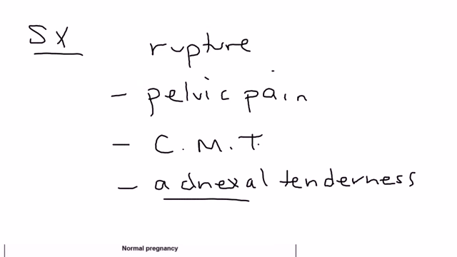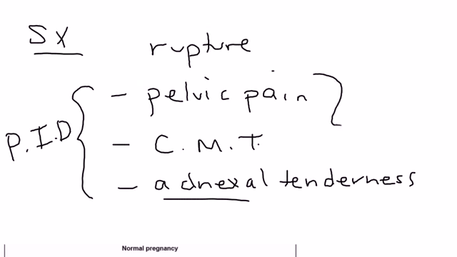Now you'll notice something, that these symptoms, if you have read about pelvic inflammatory disease, these symptoms are the symptoms of pelvic inflammatory disease. So how do you know if a patient presents, or even on a licensing exam, if you have these things mentioned in the vignette, how do you know that it's pelvic inflammatory disease or ectopic pregnancy?